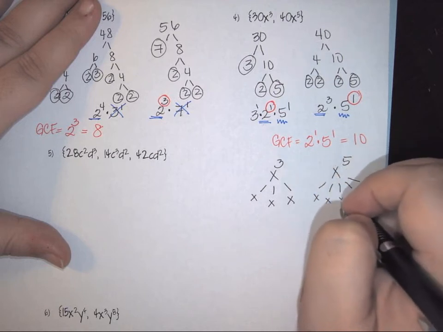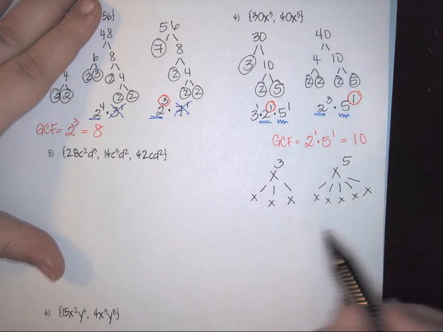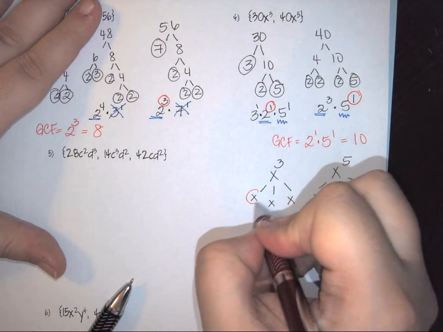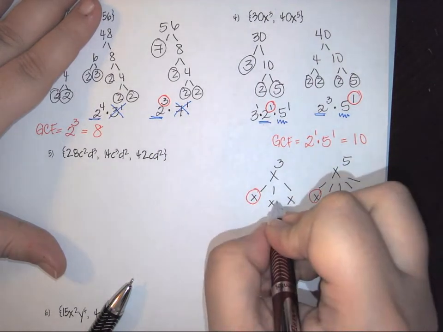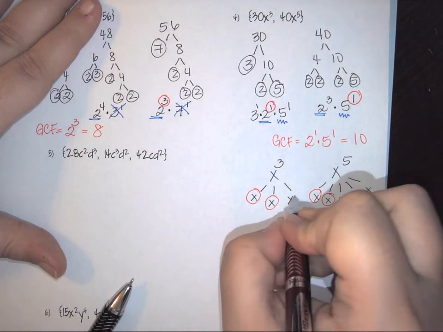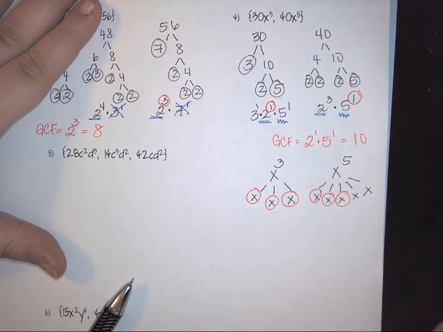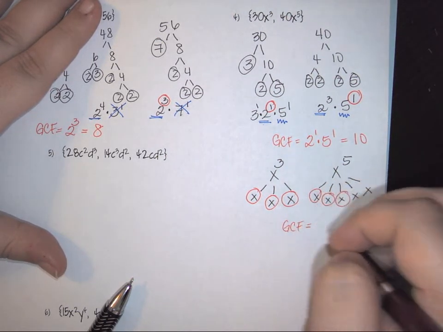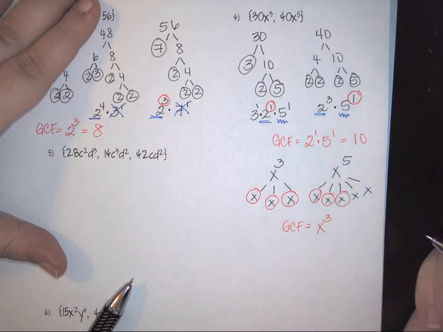So x, x, x, x, x. If you look at what's in common with them, I have 1 on both sides, I've got 2, and I've got 3. So here my greatest common factor has to be x to the 3rd.